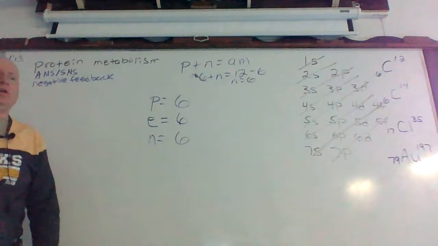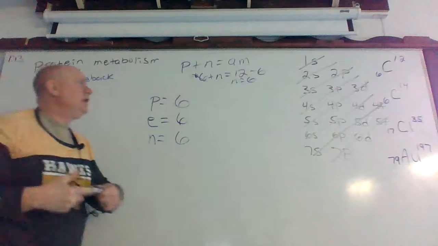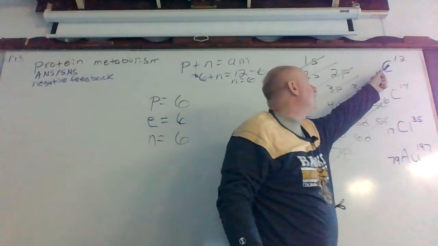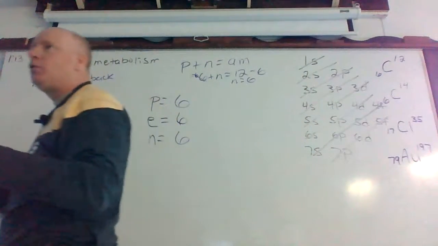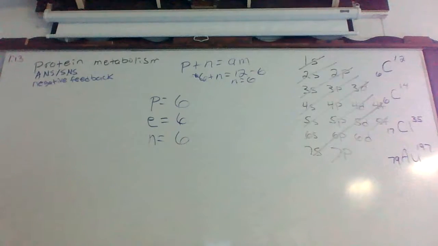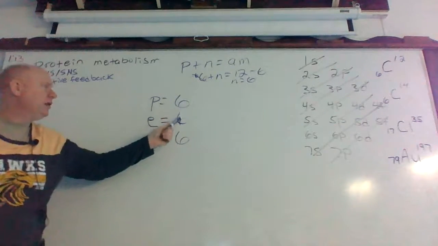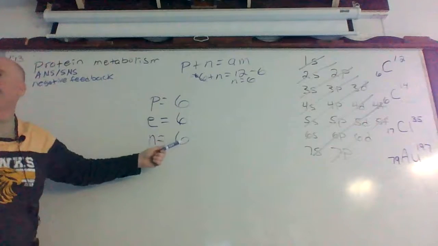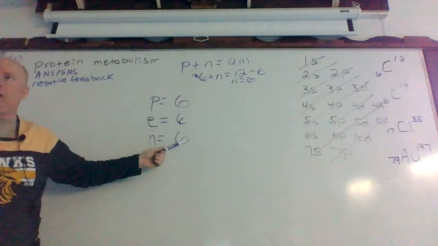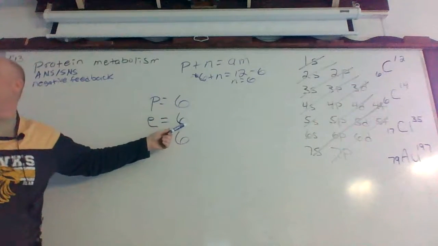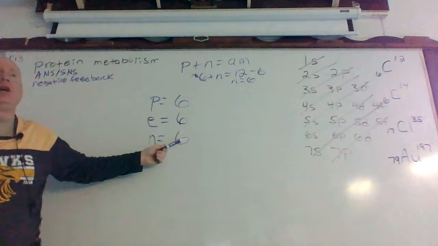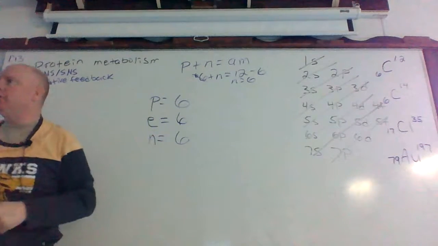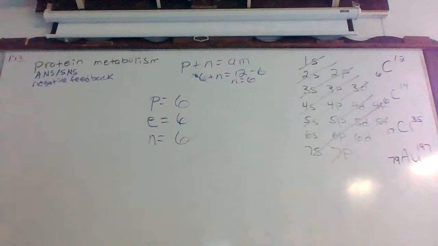So then, what do we see as the difference between carbon-12 and carbon-14, other than the number of 12 and 14? Which one of these numbers is going to change? The neutrons is correct. Was that just a guess? So how many neutrons does carbon-14 have?